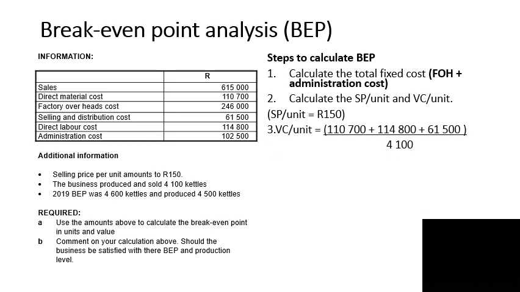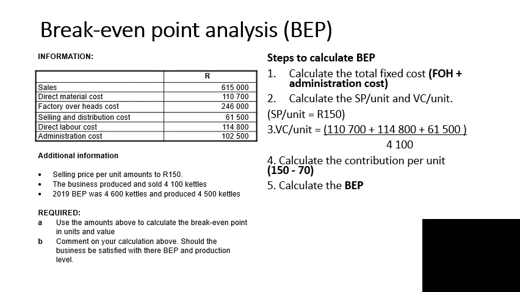Third, our variable cost per unit: direct material, direct labor, and selling and distribution divided by total units produced, or it can be given. So we need to understand whichever way. Then our fourth step, you calculate the contribution per unit by simply saying selling price per unit minus variable cost per unit.